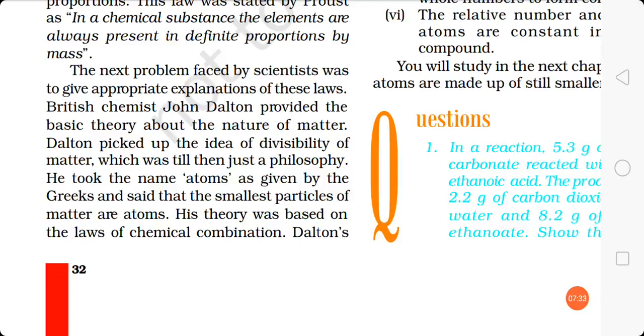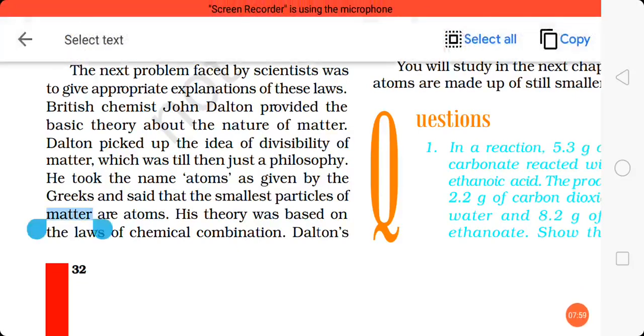Okay, so Dalton took the basic idea and he took the name atoms, which was a Greek name given by the Greeks. Remember students, it was part of our previous lecture: atom is a Greek name and its meaning was given. What was its meaning? Atoms means indivisible.